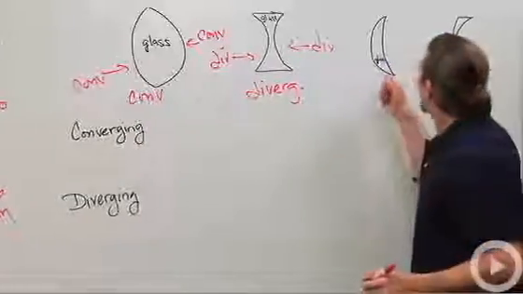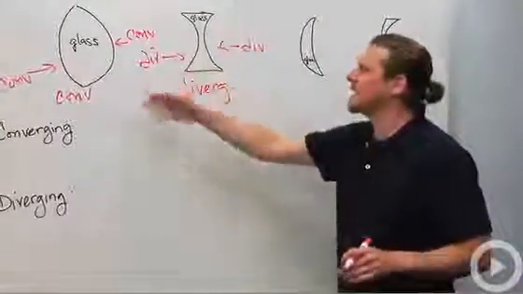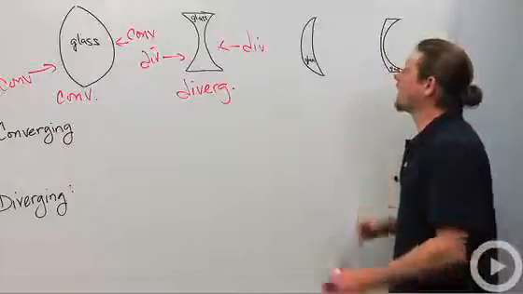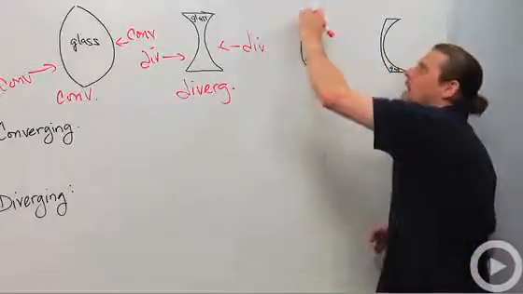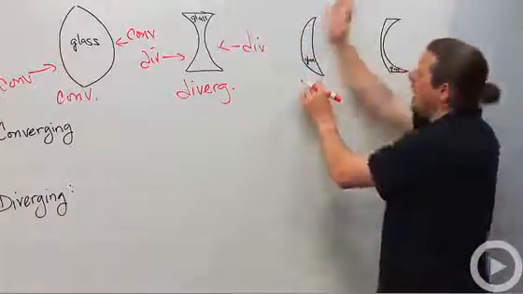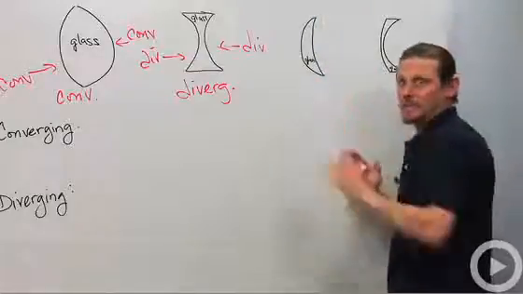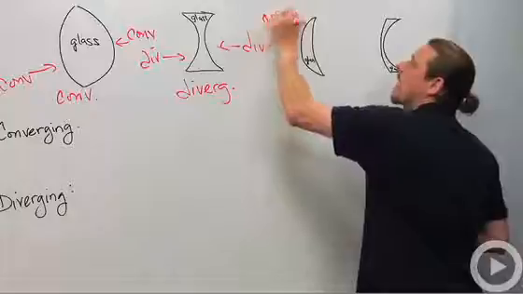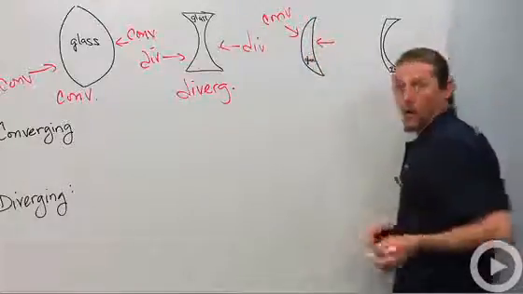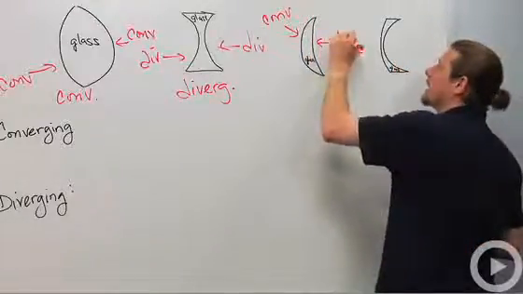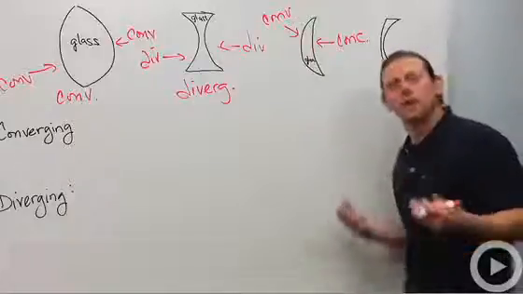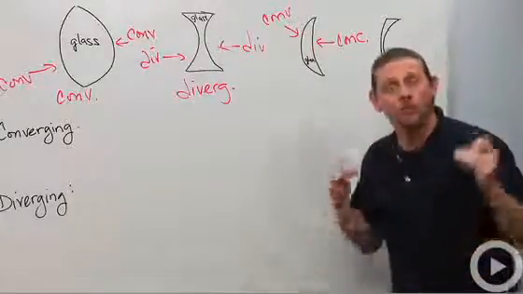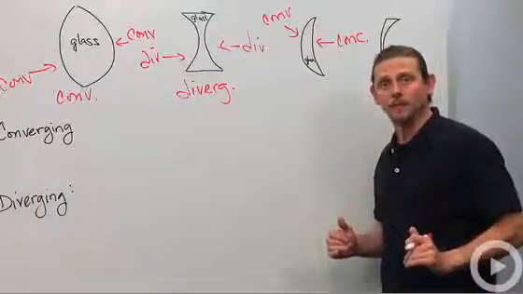What about here? These were easy because it was convex, convex, concave, concave. What about here? On this side, it's convex, but on this side, it's concave. So we need to know whether this lens will ultimately converge or diverge light.